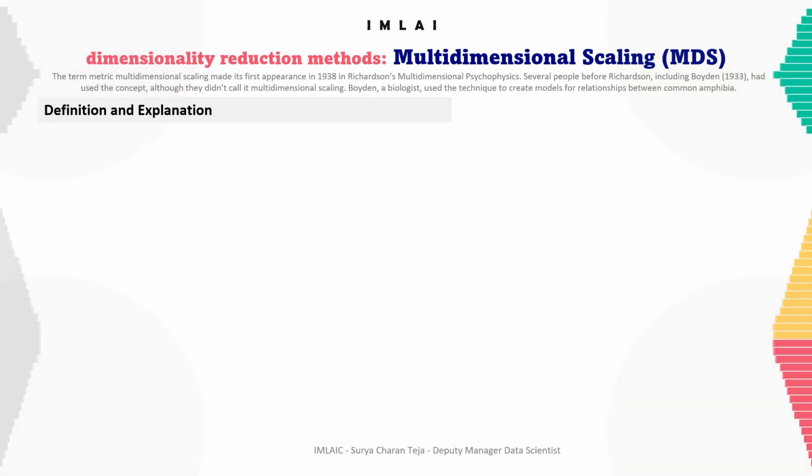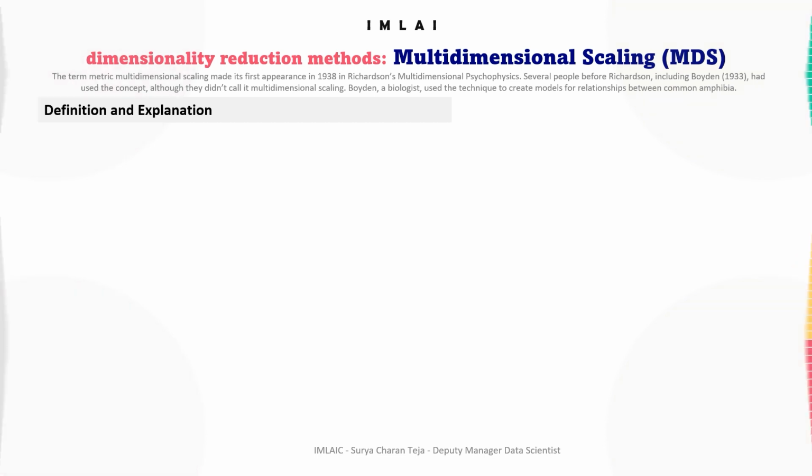MDS aims to find a lower dimensional representation of the data while preserving the pairwise distances, or similarity or dissimilarities, between the data points as much as possible. The lower dimensional representation allows us to visualize the data and gain insights into its underlying structure.